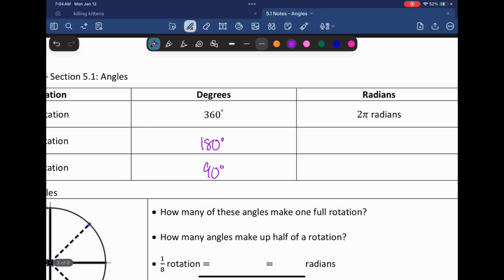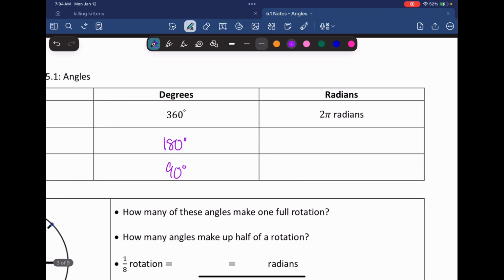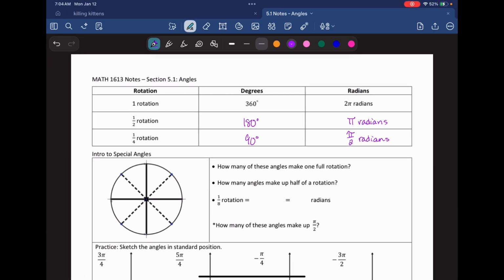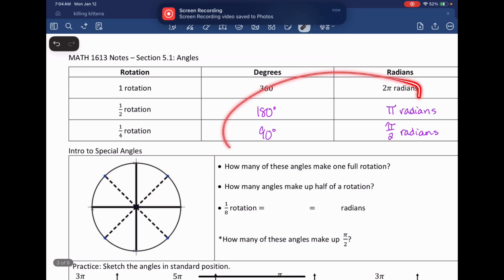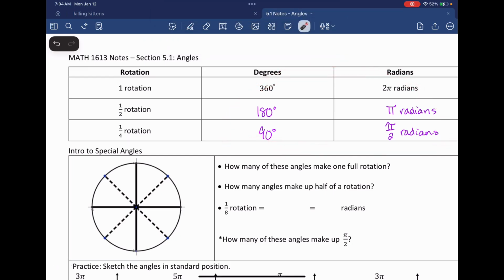In radians, half of 2 pi is pi, and half of pi is pi over 2. These give us our quadrantals for the most part. Even 270 is a fraction out of the whole. It's 3 of 4.